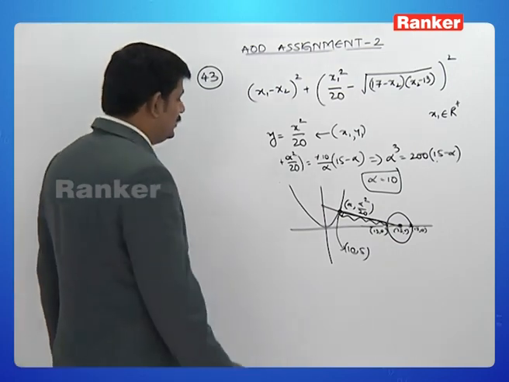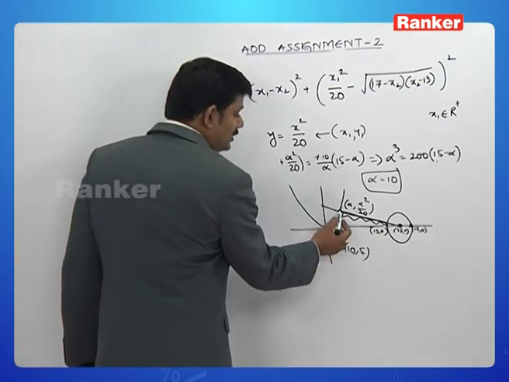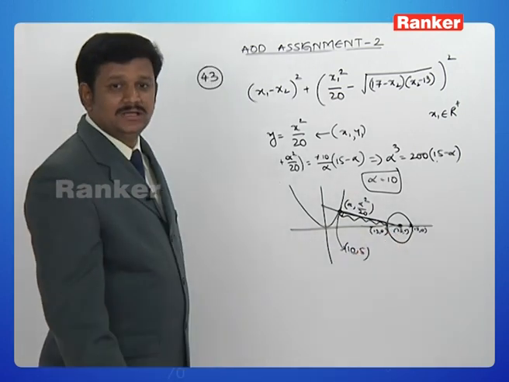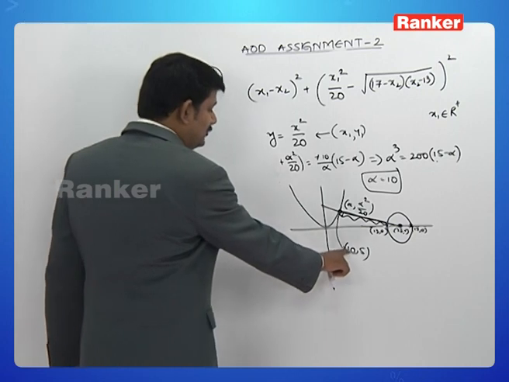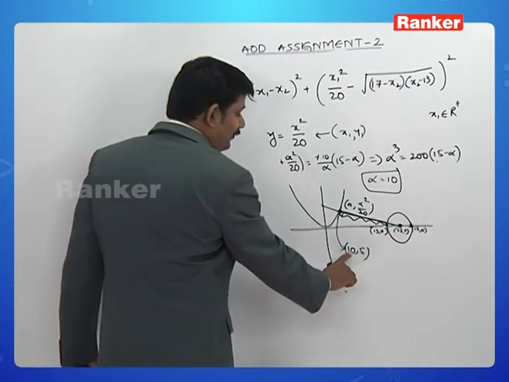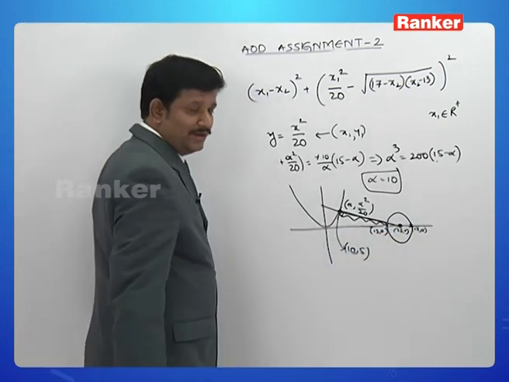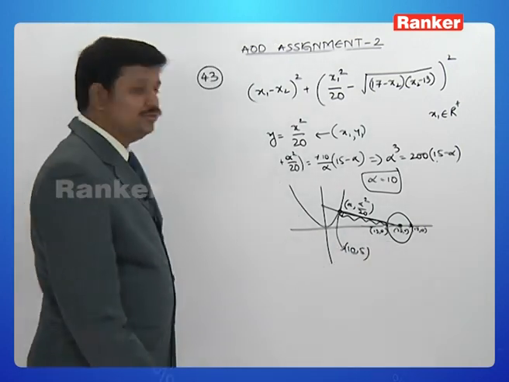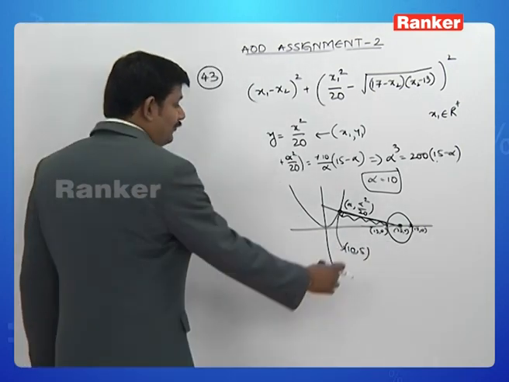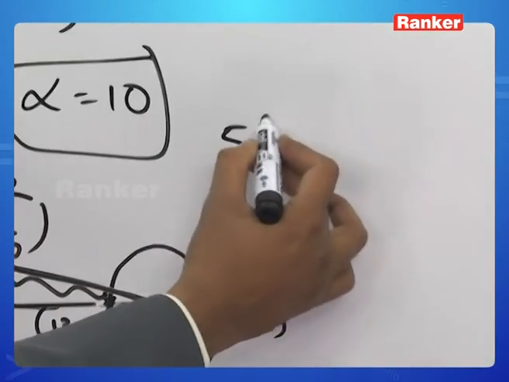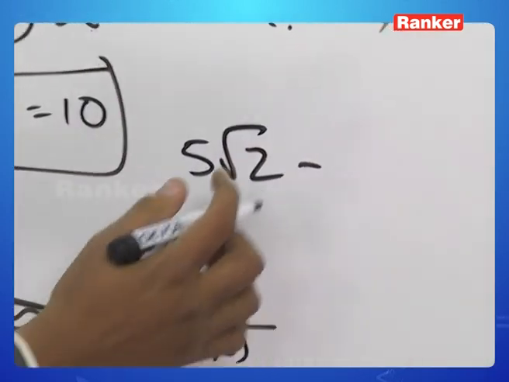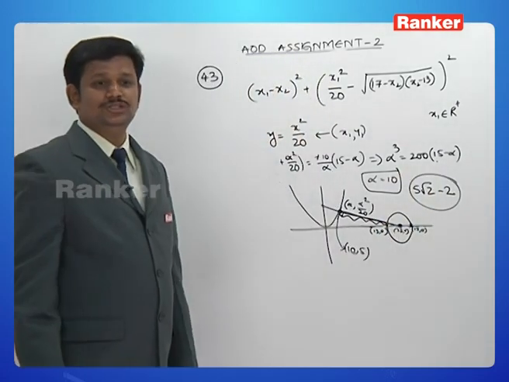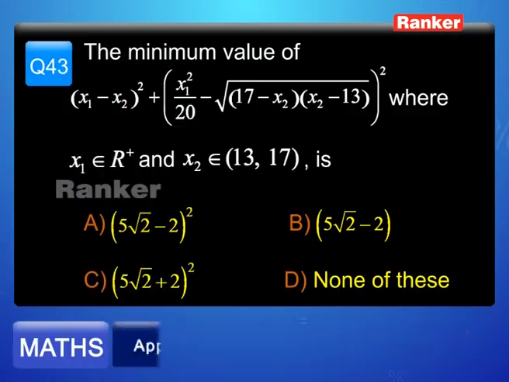The distance between 10 comma 5 and 15 comma 0: 10 minus 15 is 5, square 25, plus 5 square 25, root 50. Root 50 is 5 root 2. 5 root 2 minus the radius of the circle, which is 2. So, the answer is 5 root 2 minus 2, option A.